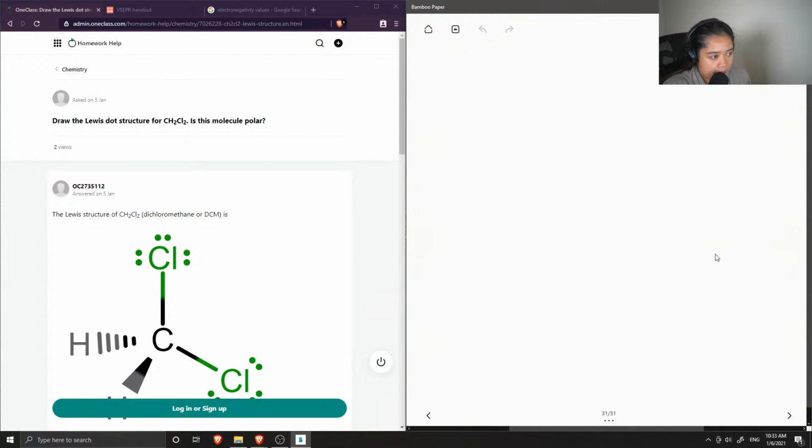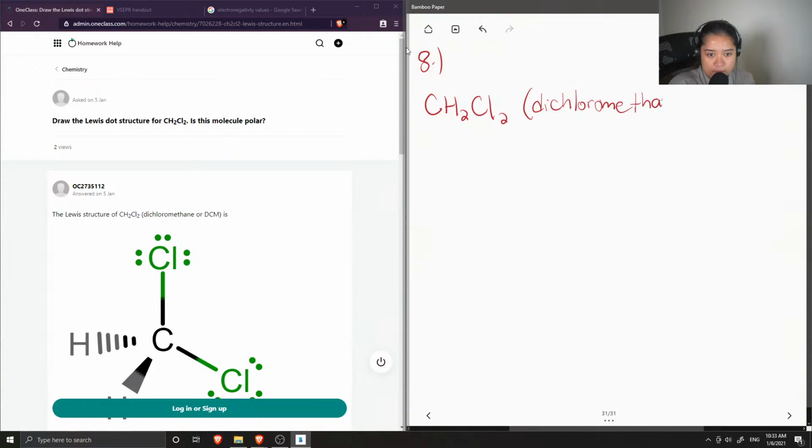Okay, so question 8. Draw the Lewis dot structure for CH2Cl2. So this is also known as dichloromethane. Okay, so first let's find the total valence electrons for dichloromethane.